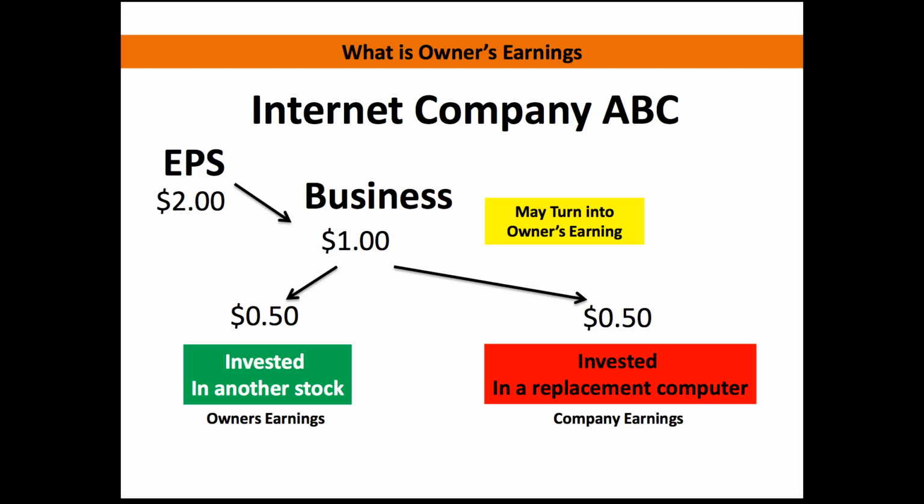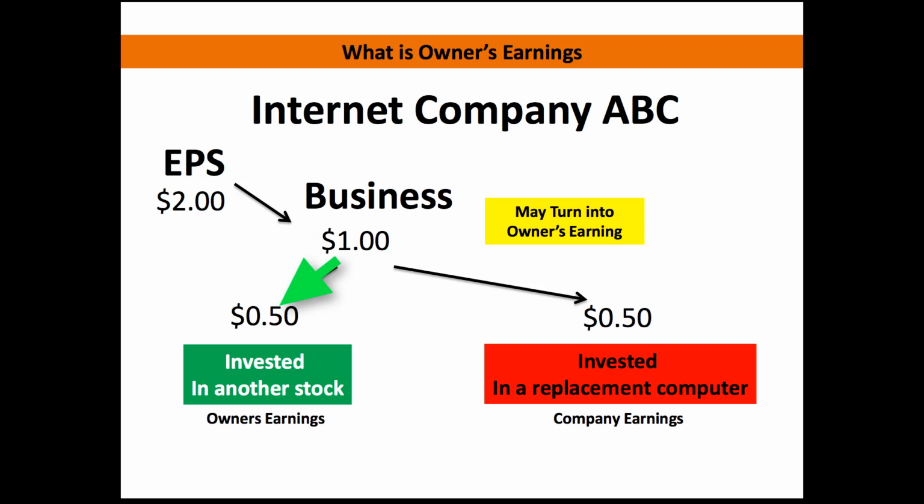So when we look at this, you can see the EPS of $2. We invest $1 back into the business. And we're going to look at just two paths that dollar could be invested. It's obviously a whole lot more than this, but to make this make sense, we're just going to do two paths. On the left, 50 cents was used to invest in another stock.